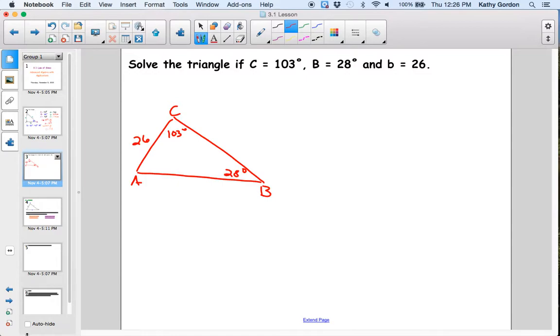What's different about this triangle from the one we just did? It's not a right triangle. Made obvious by the fact that 103 is obtuse. So there's no way, even if I find this angle, that it's going to be right. Okay?